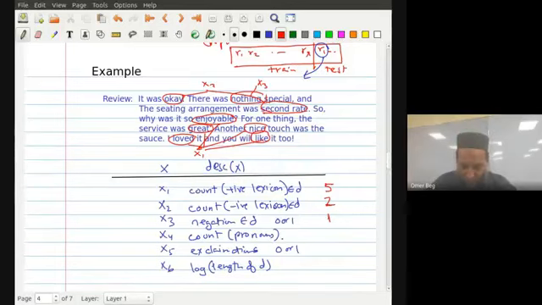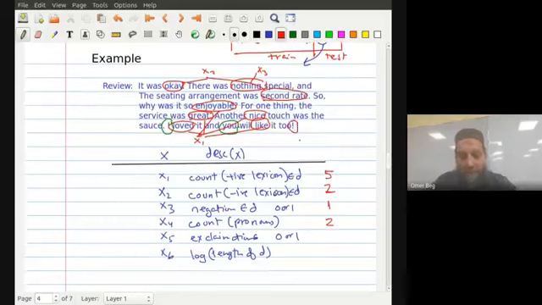Count of pronouns. So pronouns are, let me recolor it. So I is a pronoun, you is a pronoun, and okay, that's it. So the number of pronouns is 2.